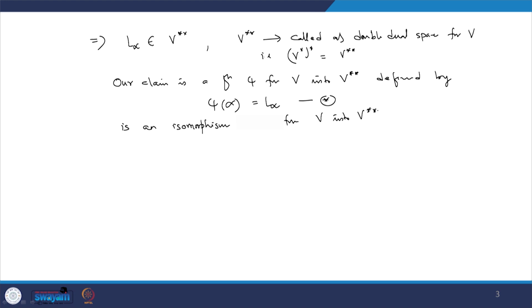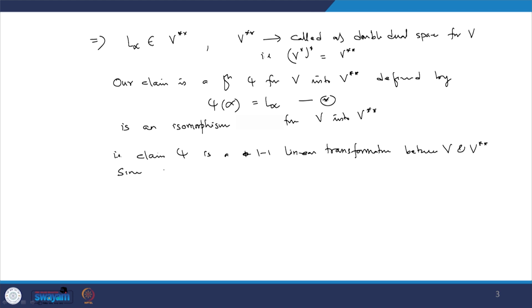That is, claim: psi is a 1-1 linear transformation between V and V double star.